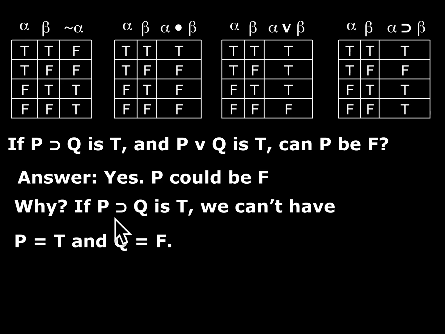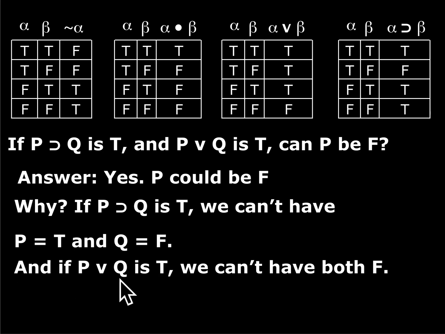Well, we know that if P then Q is true, so let's look up here at the conditional. If that's true, then here's the combination we can't have. We can't have a true antecedent and false consequent. We can't have P is true and Q is false, right?